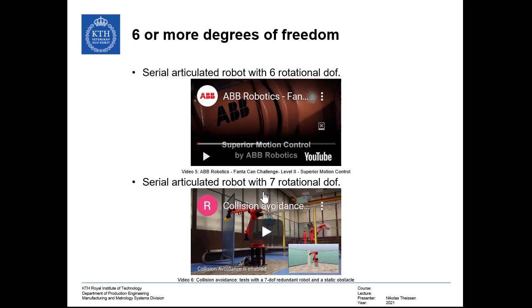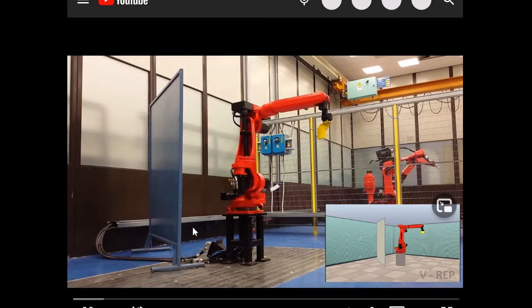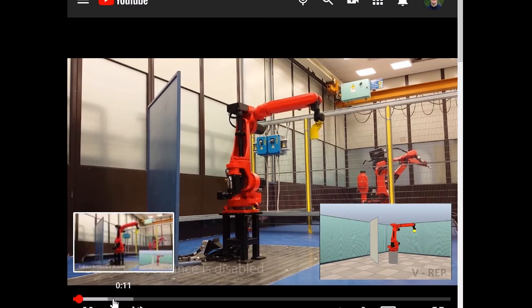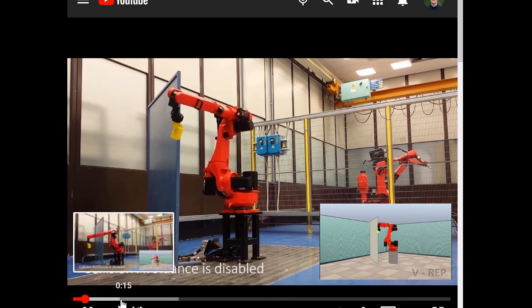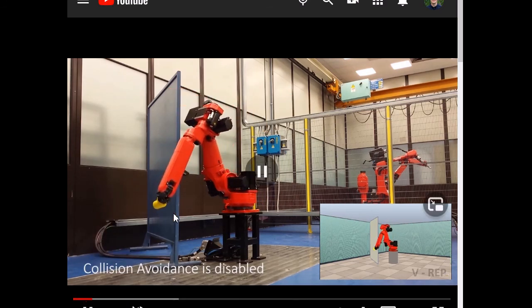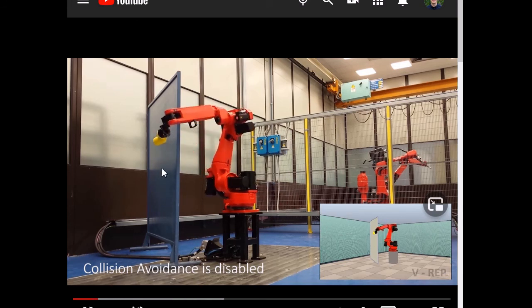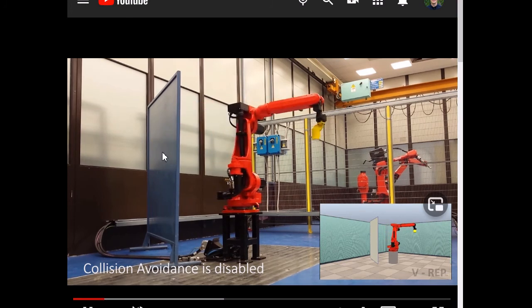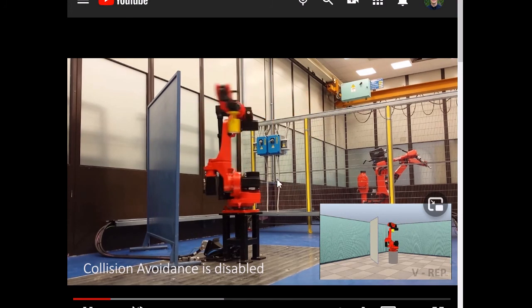But if we compare this to 7 rotational degrees of freedom, we actually find that for certain parts of the space, well, first of all, this is the first big advantage of 7 degrees of freedom industrial manipulators. They can actually manipulate objects behind a wall, which isn't possible with 6 degrees of freedom.